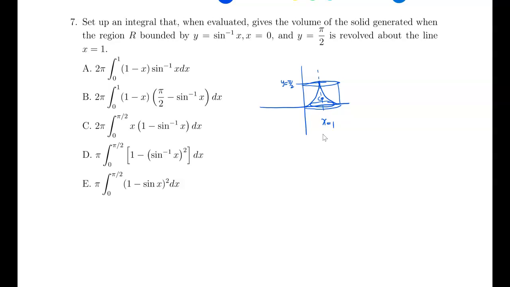So for the choices here, we cannot use these because they involve the cylindrical shell method, which we did not actually cover in this class.